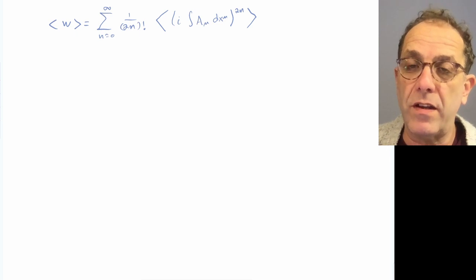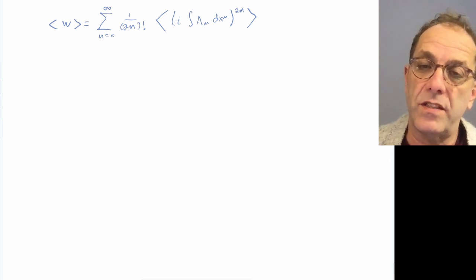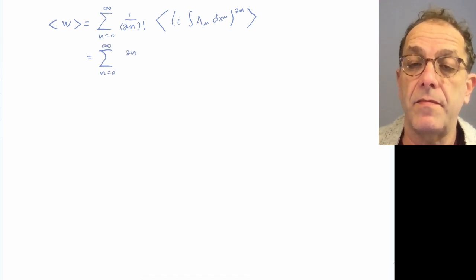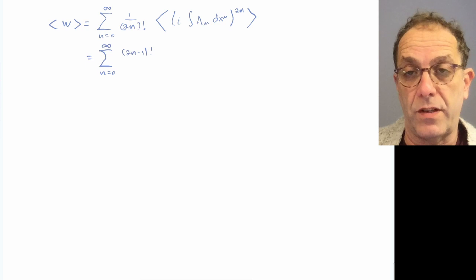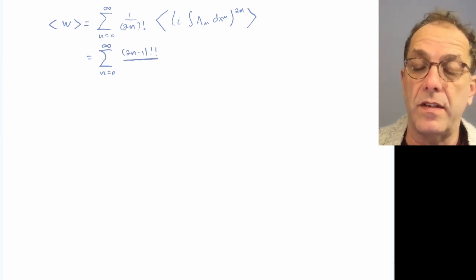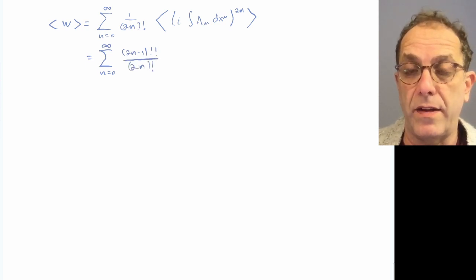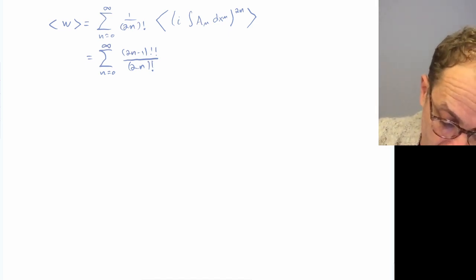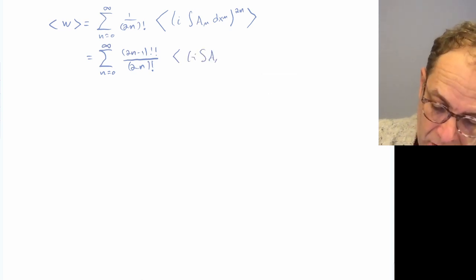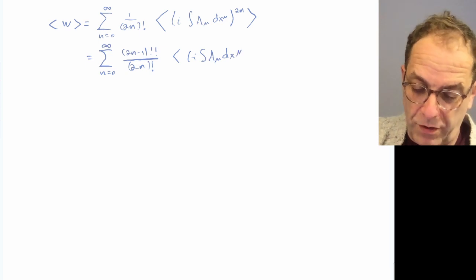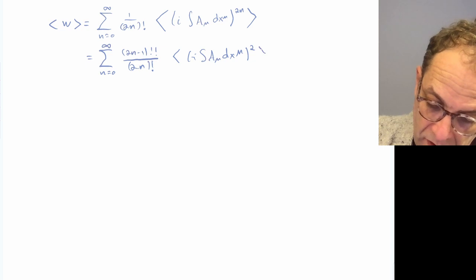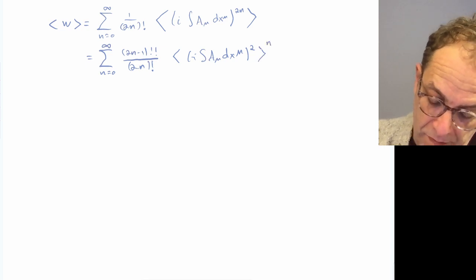But now we do a Wick contraction, and so the first A can be contracted with 2n minus 1 A's, and then we get rid of another one. And then the next one can be contracted with 2n minus 3 of them. And so we find this combinatorics with a double factorial. And now we have the free two-point function, and all that to the nth power.